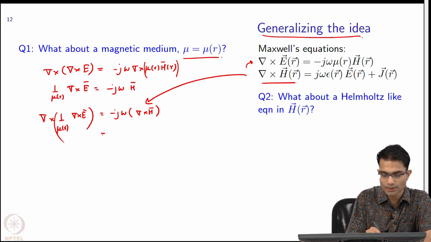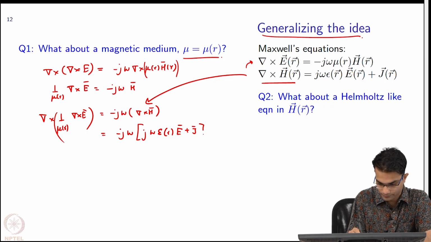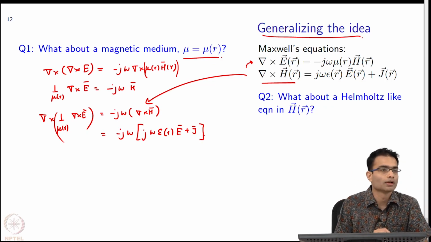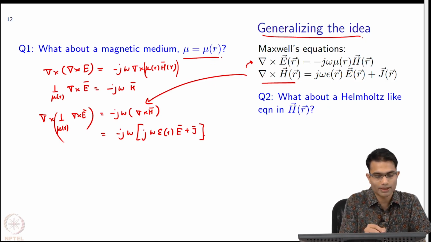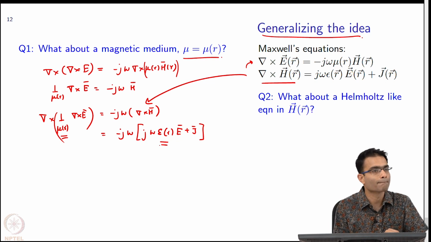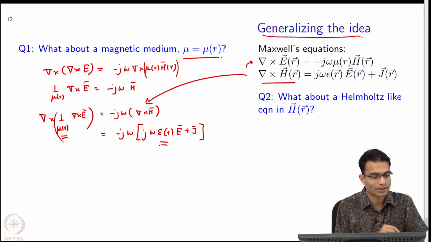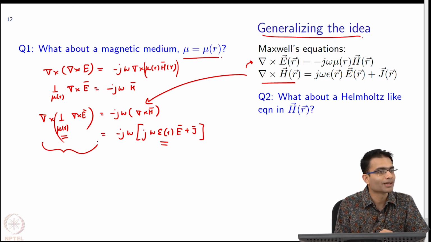Yes, right, because the next step itself I write minus j omega and I substitute over here j omega epsilon r E plus j. So I have got one equation in electric field which has all the given information about the problem. The given information is mu r and epsilon r. What is the price I have to pay? This is not a very pretty expression, right?